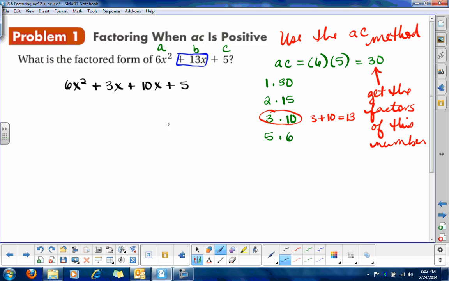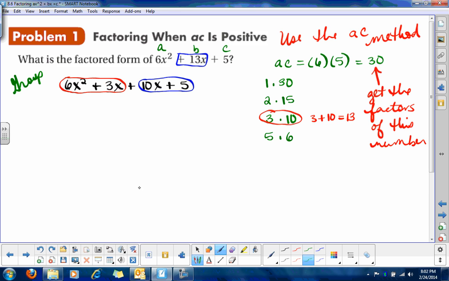Okay, so now you have two binomials if you just group them together. We're going to group those two together, and we will group these two together. So you're going to group a pair of your binomials.